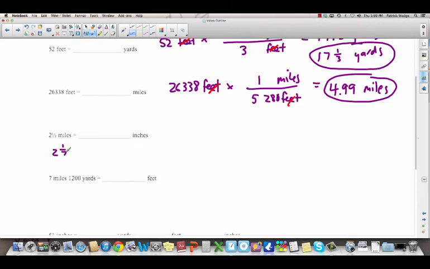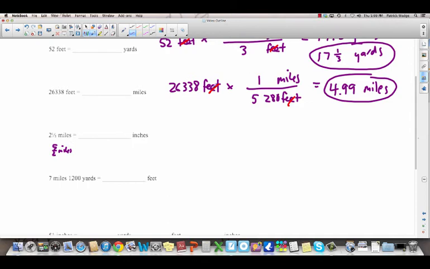That'd be much harder to switch to a decimal. So I want to show you how you can do this question by keeping it as a fraction. So what I would do is switch 2.5 into an improper fraction, or a top-heavy fraction, if you like. The top number is bigger than the bottom number. Remember how to do that? 2 times 2 is 4, plus 1 is 5, so you get 5/2. 2.5 is the same as 5/2 miles.